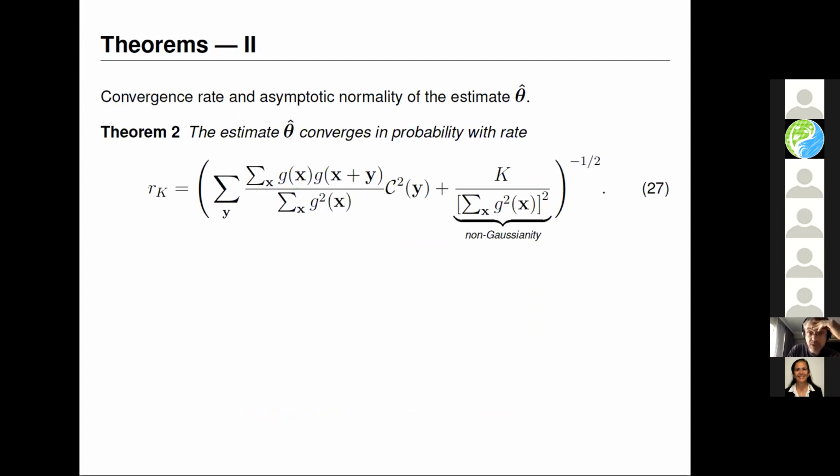And then theorem 2 and 3 in the paper talk about the convergence rate, which ends up something like this, where you recognize G normalized again. So this thing that we have pre-computed, squared of the spatial covariance, and without the second term, that's the Gaussian behavior, and then there is a correction term for non-Gaussianity.